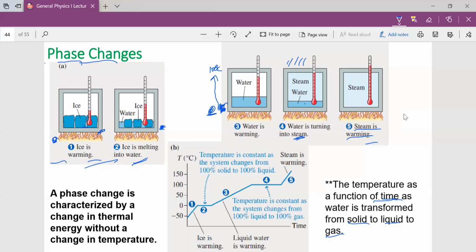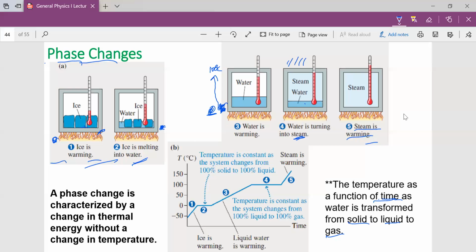The melting point is the temperature at which, if the thermal energy is increased, a solid becomes a liquid. At that point, we say it is the melting point. Every material has its melting point: the melting point of water, of steel, and so on. The temperature at which a liquid will become a solid is the freezing point.